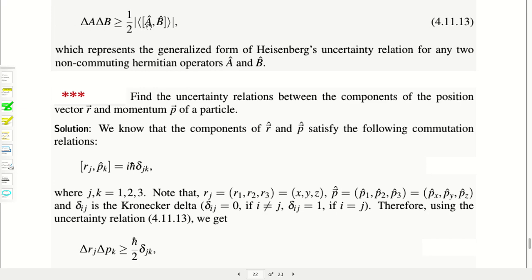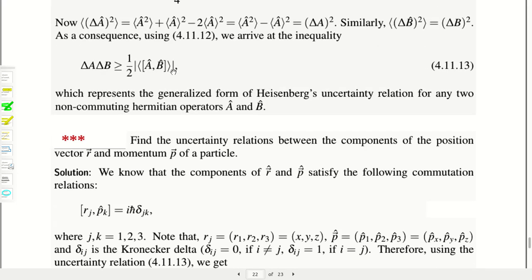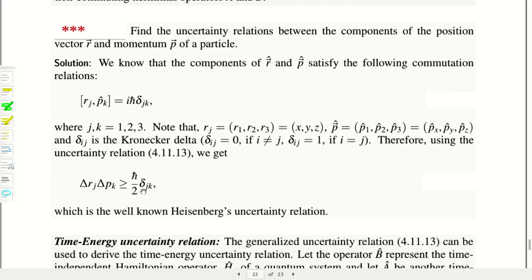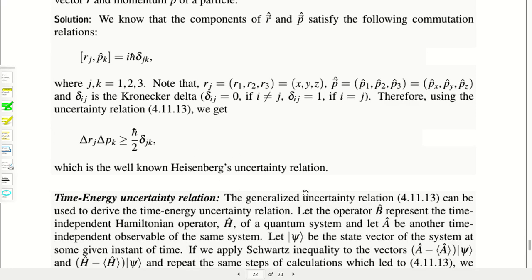Half of the expectation value of the commutator bracket r_j comma p_k, and here r_j comma p_k we can put this i h cut, which is constant, so there is no point in writing the expectation. So i h cut delta jk will be the result, but here it is mod, so i will be gone, and h cut by 2 into delta jk will be the result. If you put j and k equal to each other, this will be 1, so delta x into delta px will be greater than or equal to h cut by 2, which is the famous Heisenberg uncertainty relation.